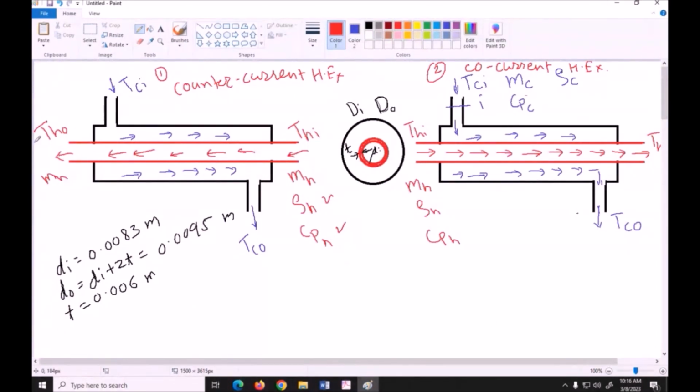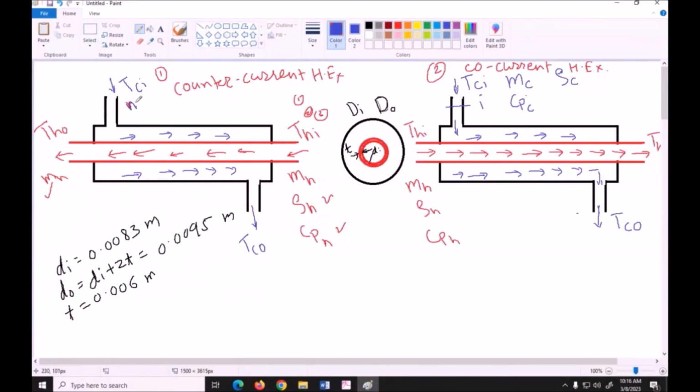Now this is about the experimental setup, and all these parameters need to be measured. So we need to measure the four temperatures, TCI, TCO, THI, THO. THI is generally kept constant, and we are taking three readings for THI, 1, 2, 3, and we'll find all the temperatures keeping the mass flow rate constant for cold water and for hot water also.